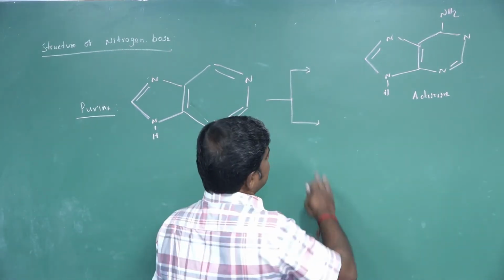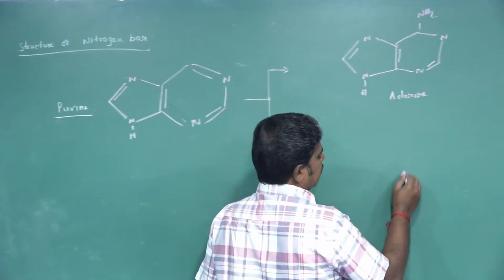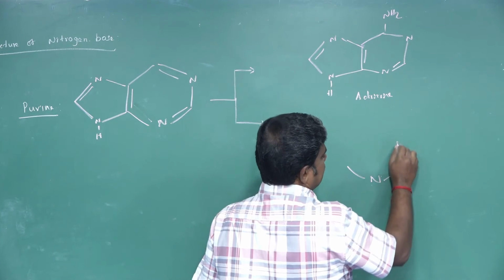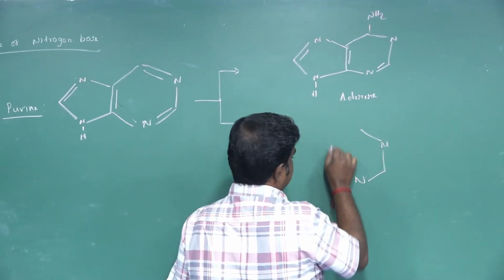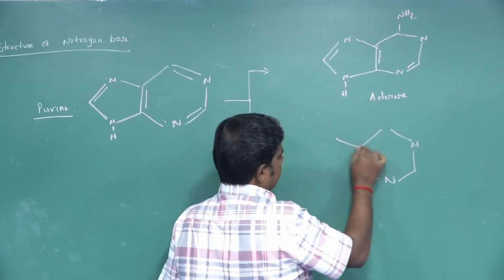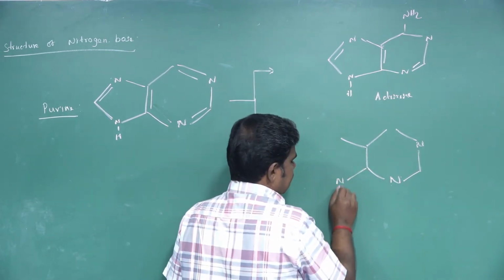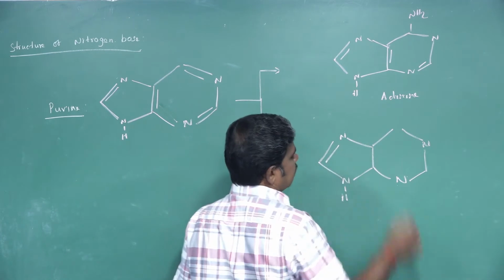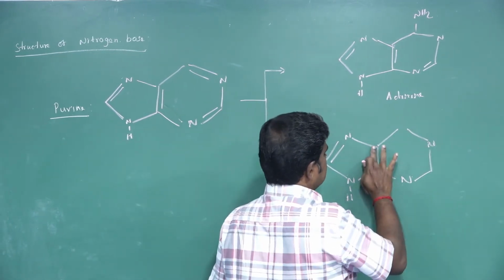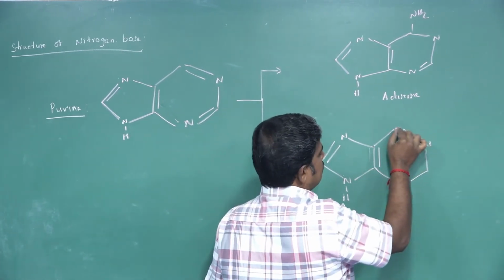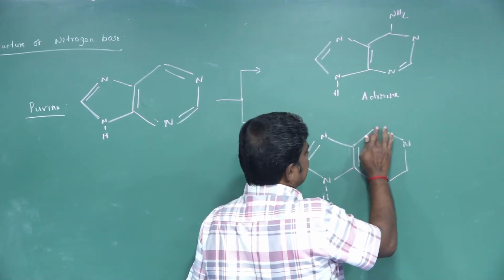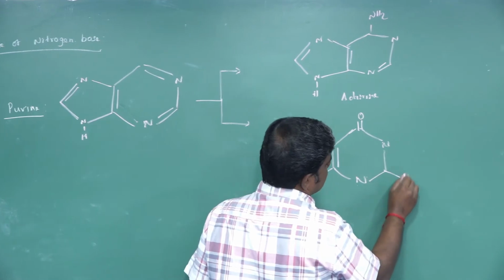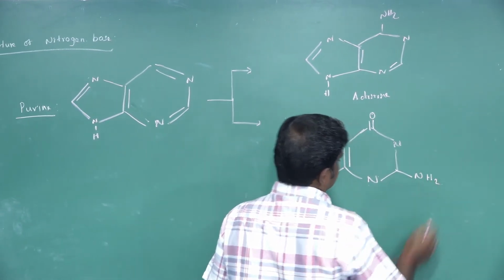And now guanine. Here there is nitrogen, and here nitrogen, and it has NH, and here N, and the bonds. Here it has the CO group, double bond O, and here NH2 group.